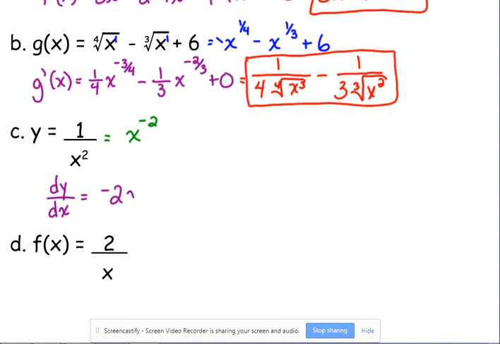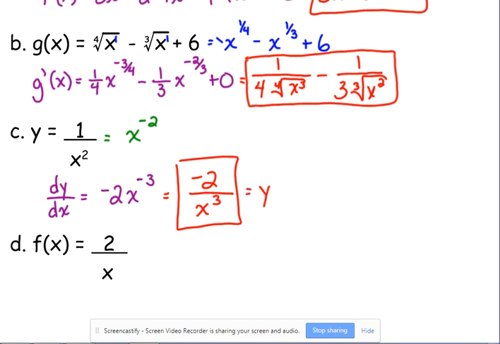Bring down the exponent, subtract 1 from the exponent. Let's put it back in its original form and get rid of that negative exponent. So -2 over x cubed is dy over dx, or we could also write y prime.